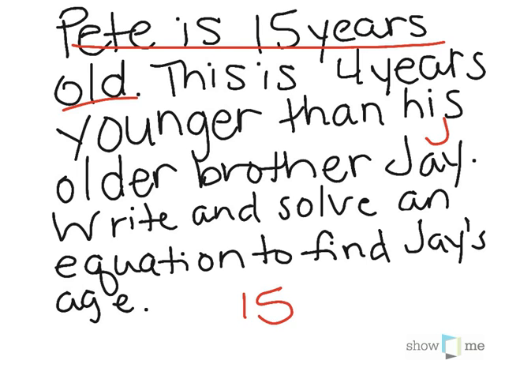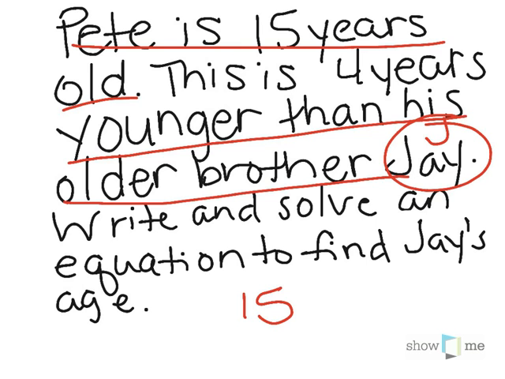J is something we don't know. But we know that Pete is 4 years younger than his older brother. So J is older. So J minus 4 years is Pete's age.